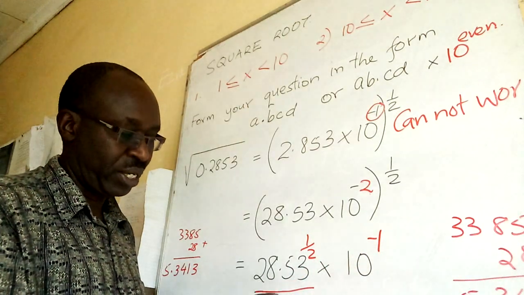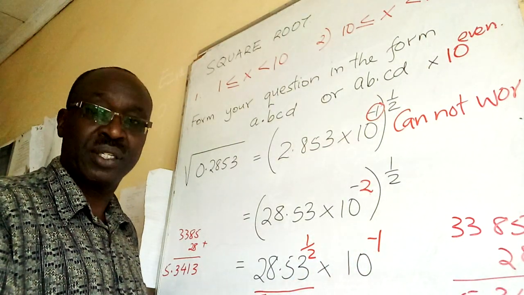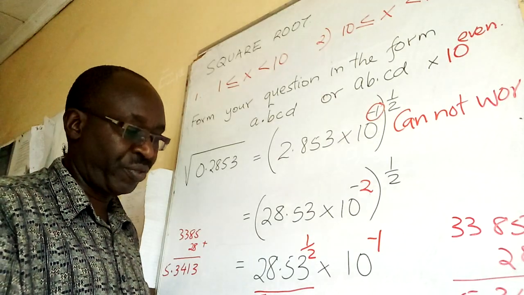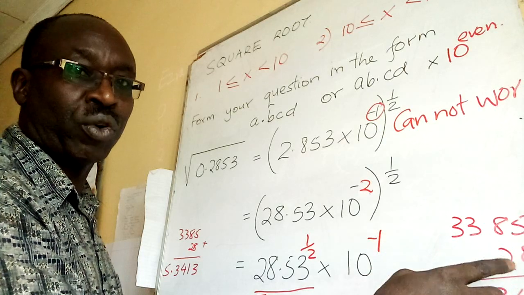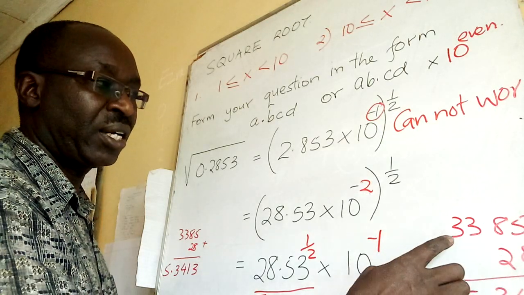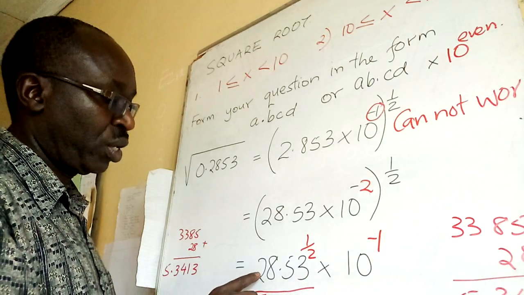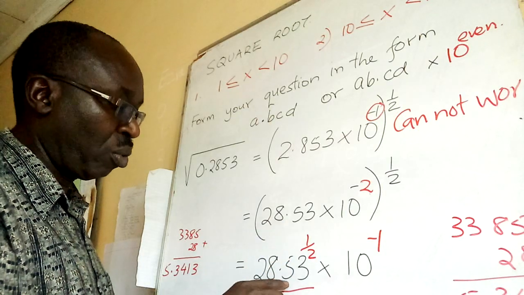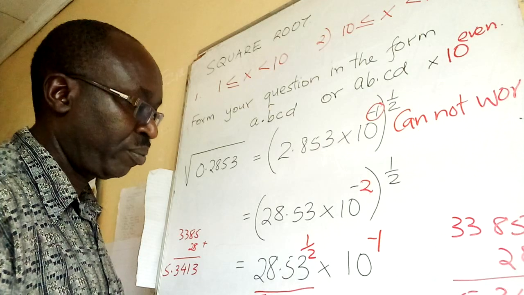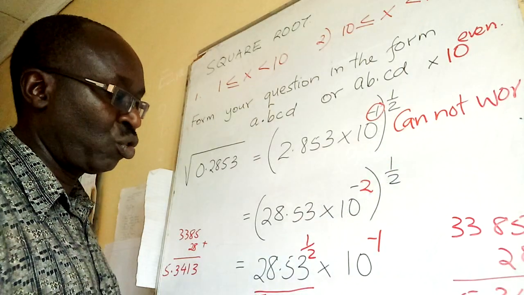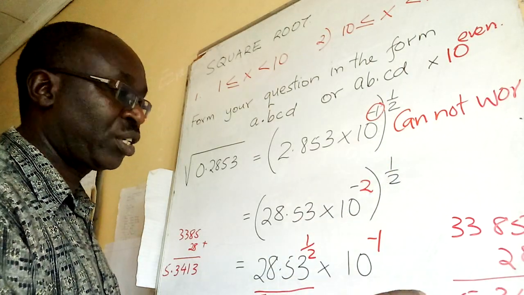So this part gives us 5.3413. You can see a bit of computation here I've done. 28, when you drop with 5, you get 33.85. Then at the end, you drop by 3, you get 28.